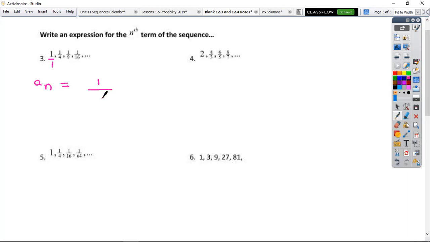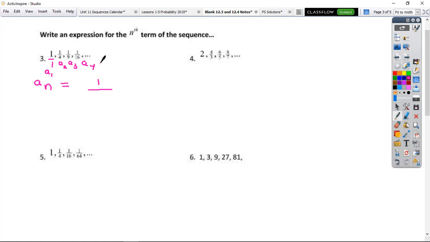And now I'm going to look at the bottom. And these are just things to help you. So this one is my first term. This would be my second term. And then this would be my third term. And this would be my fourth term. And I'm thinking about how are we getting these? So the bottom, what kind of pattern is that? 1, 4, 9, 16.